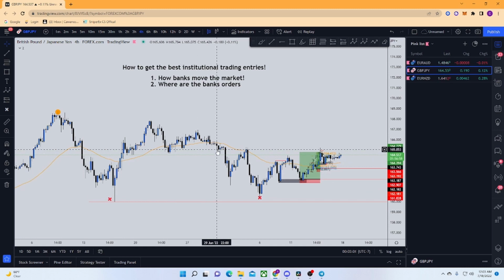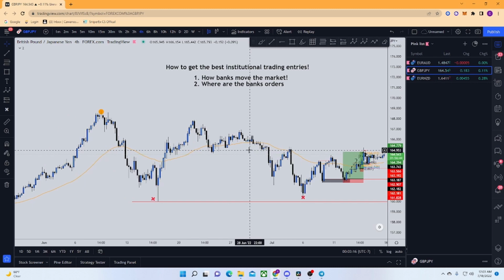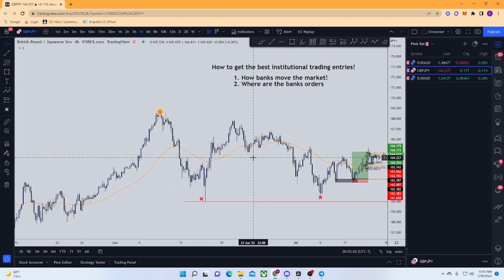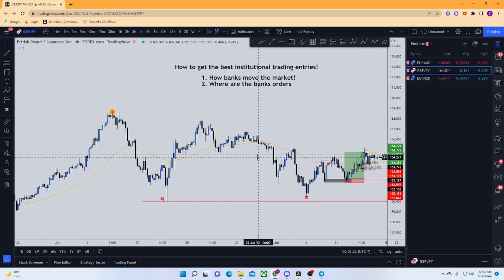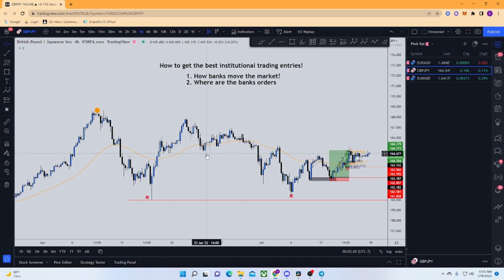However, the banks are always going to move the market to clear liquidity, because liquidity is what moves the market. Banks will move the market based off of where liquidity is. So if we can understand where liquidity is, we can understand where the banks are going to move the market.